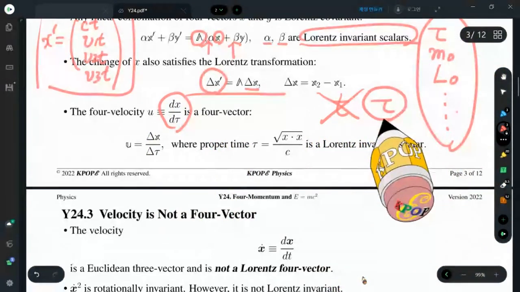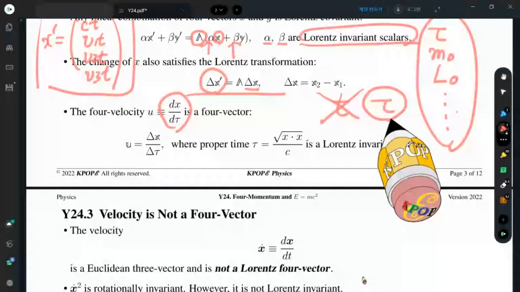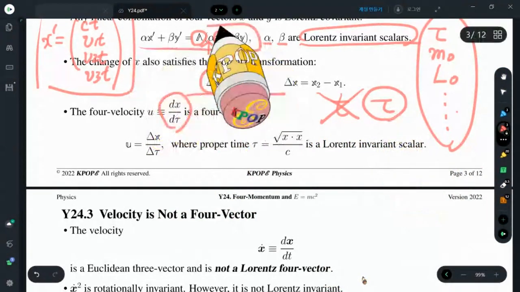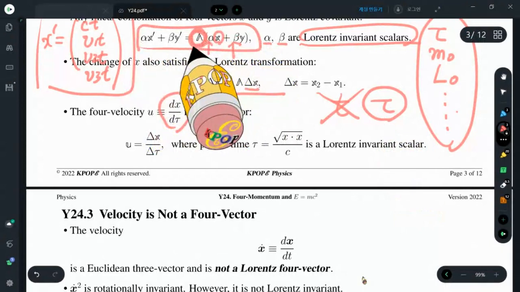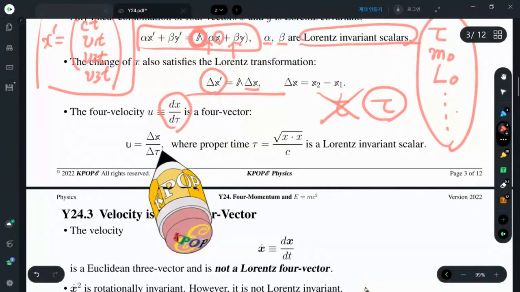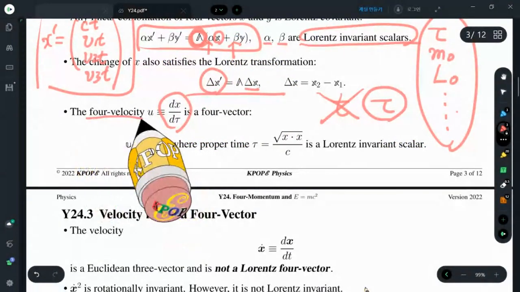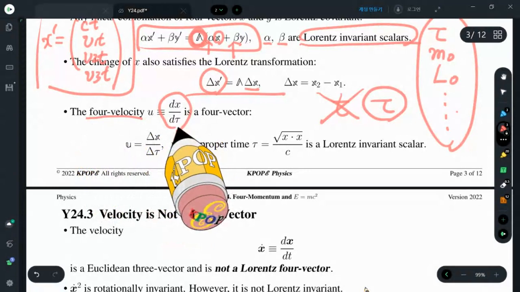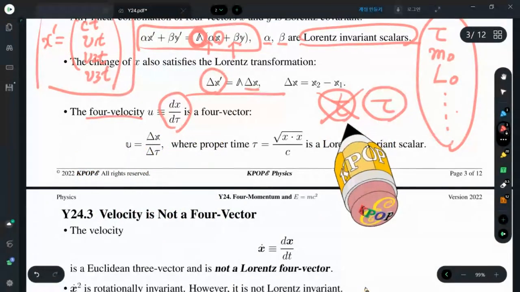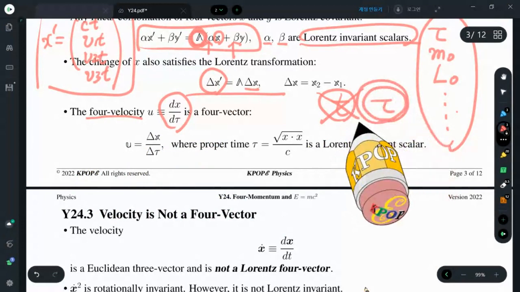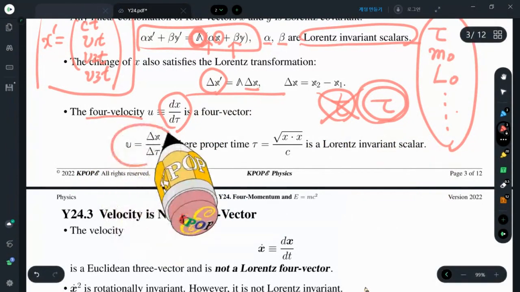Only if the coefficient is Lorentz invariant can we still make use of the same transformation matrix, called the Lorentz boost matrix. Therefore, the four velocity is not defined by the time derivative of t. Instead, it is the derivative with respect to proper time.